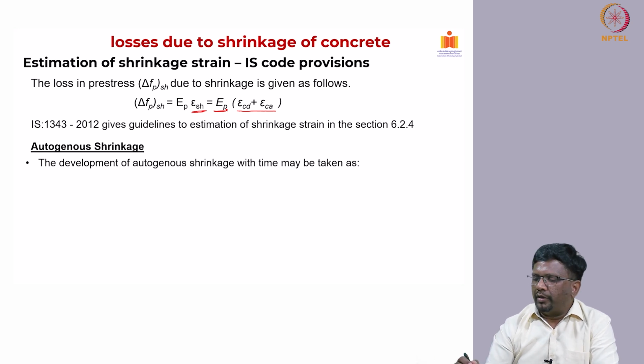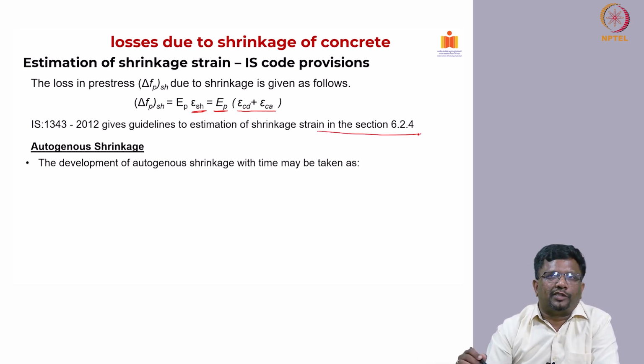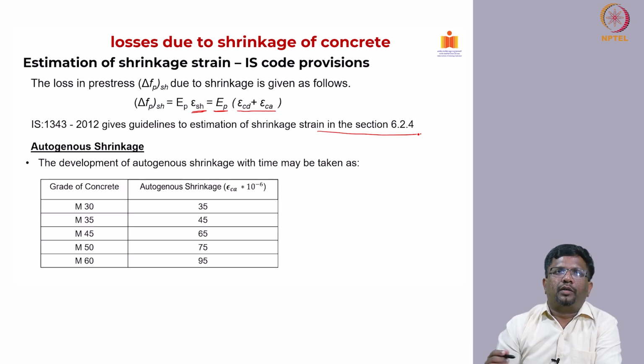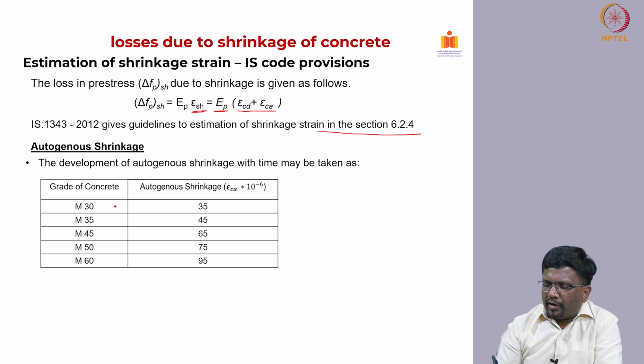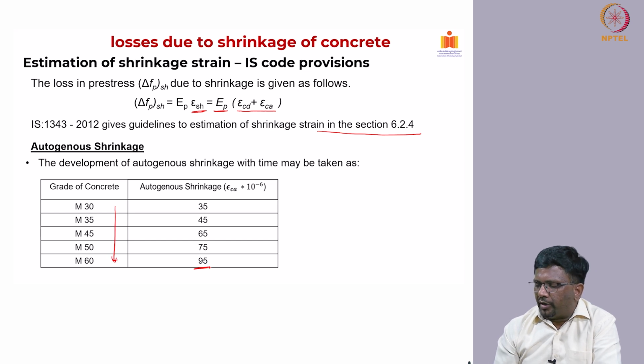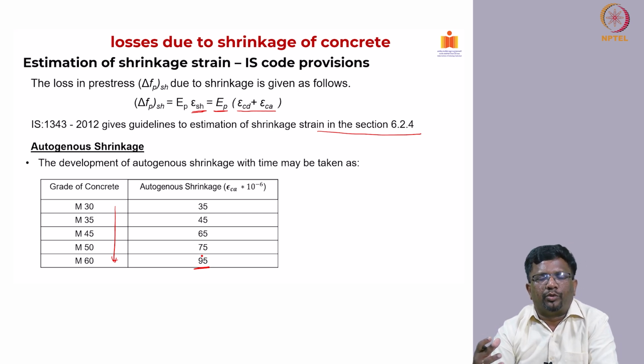All the equations are explained in section 6.24, and typically for autogenous shrinkage, what we are assuming is that the higher the grade of concrete, the higher will be the autogenous shrinkage. Here, what we are assuming is that when you need high strength concrete, you will put in more cement, so there will be more loss of water due to the hydration process.